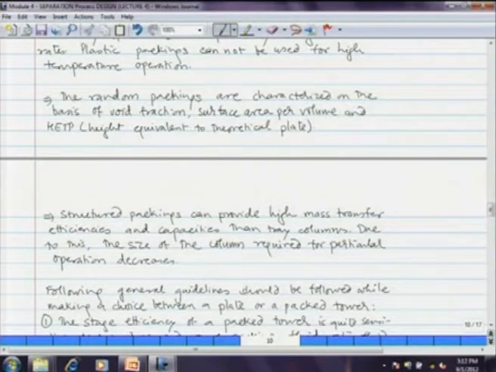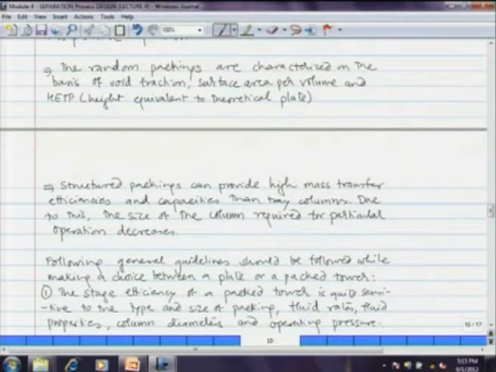The random packings are characterized on the basis of void fraction, surface area per volume, and the quantity which I just defined, height equivalent to theoretical plate. Now, the extent of separation that is achieved in a particular height of packed tower and between two plates is the analogy between these two.